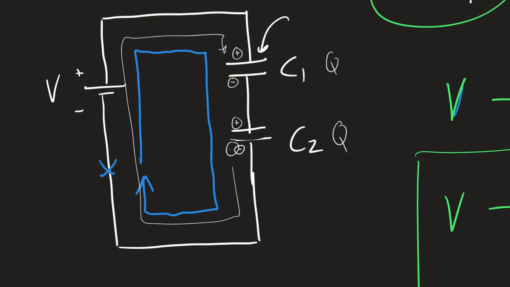The charge on capacitors in series are all the same. If you have a group of capacitors in series, they will all have the same amount of charge. Always.